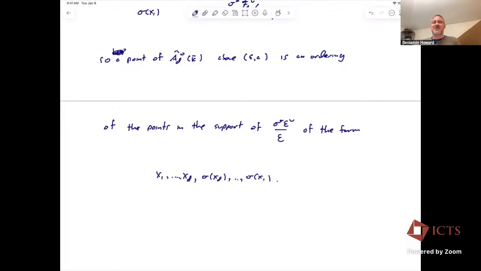But if you think about it for a second, the set of all possible ways of ordering the points in the support in this way has a natural action of WD.